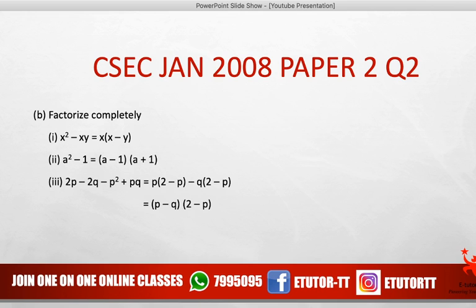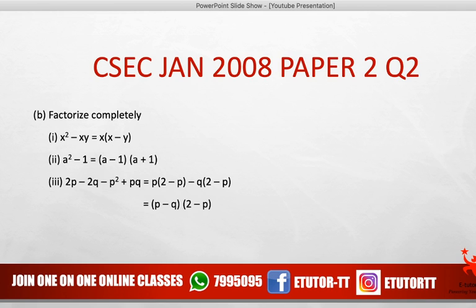Now we have 2p minus 2q minus p squared plus pq. Now let's see, what do we have in common? I see we have 1, 2, 3 of them with p's and only 2 with q's. So let's pull out the p. So now we have p times 2 minus p, minus q times 2 minus p.